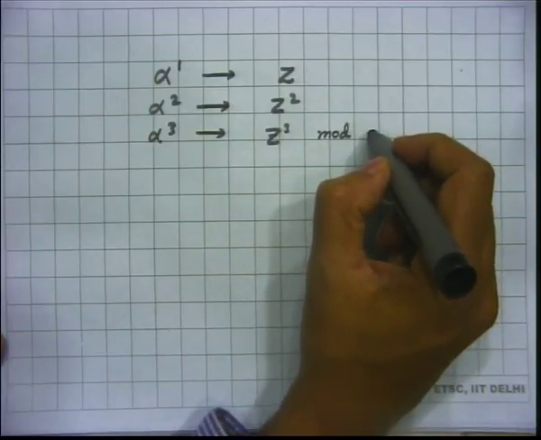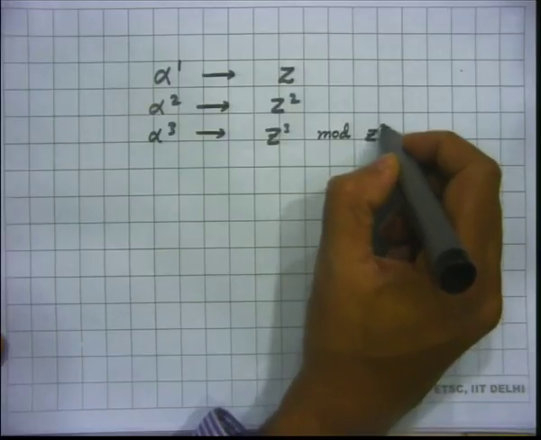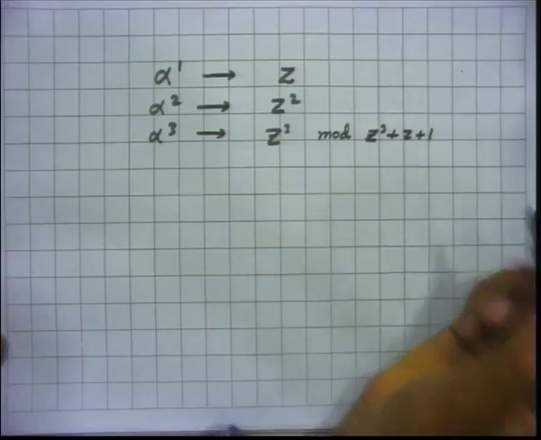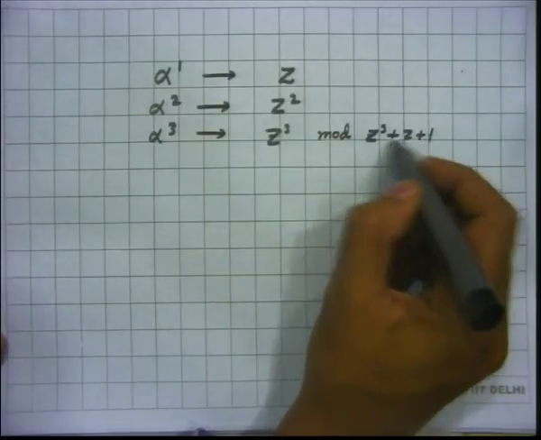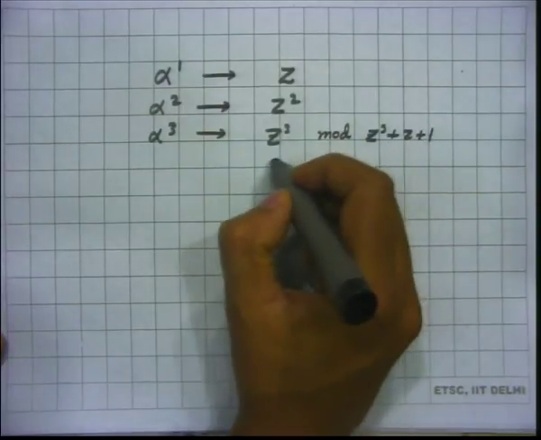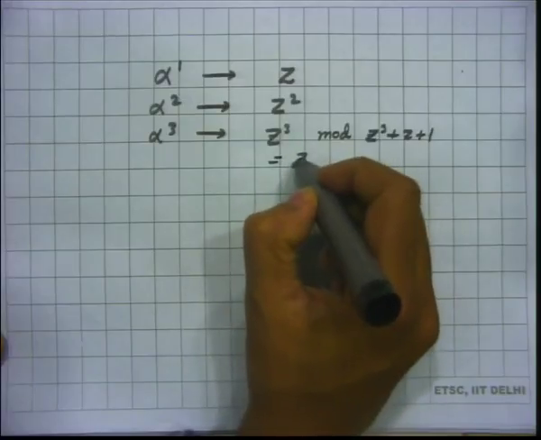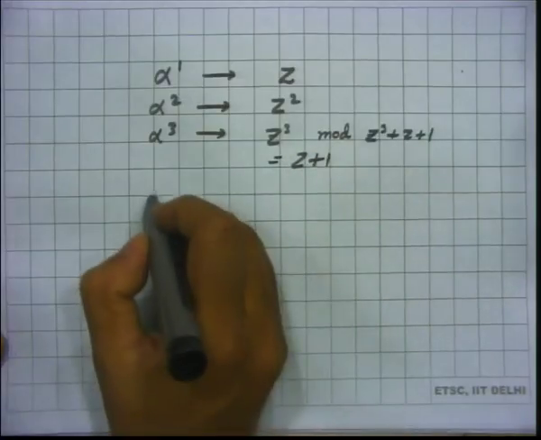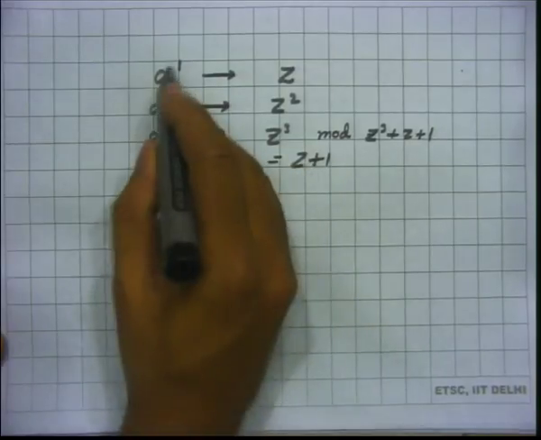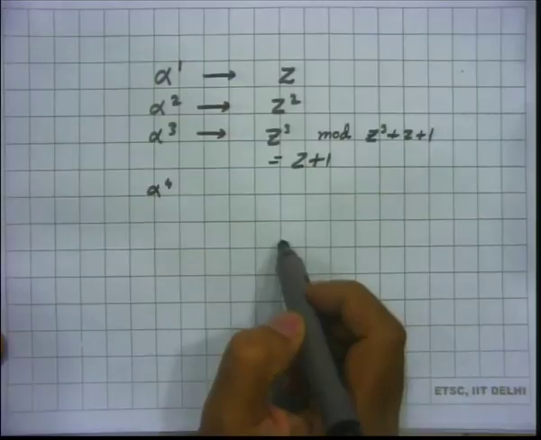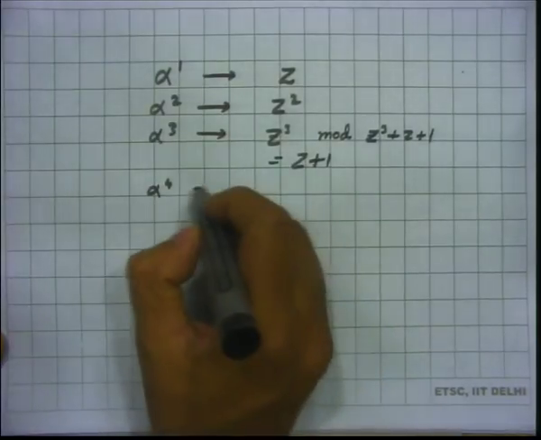Now p(x) happens to be z cubed plus z plus 1. So if you take z cubed modulo z cubed plus z plus 1, if you divide it, you get z plus 1. Similarly, alpha raised to the power 4, because alpha is a primitive element, so I hope it will generate each and every element of the extension field.